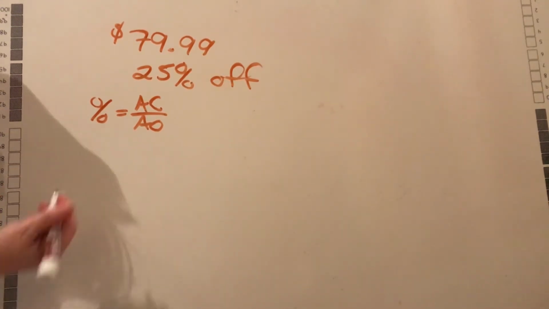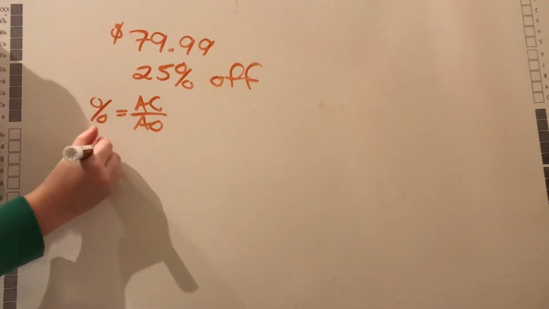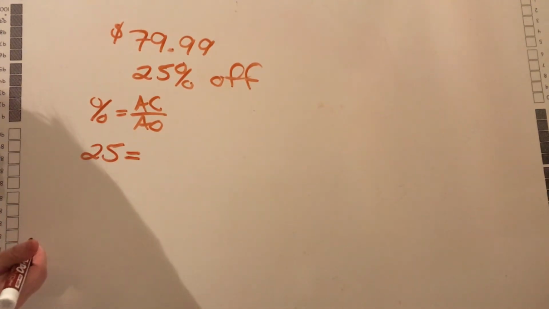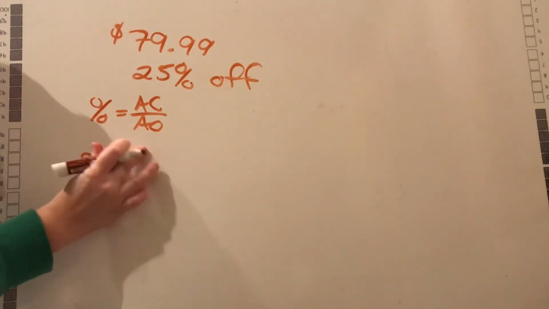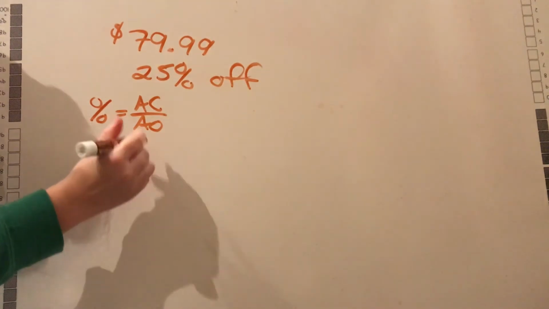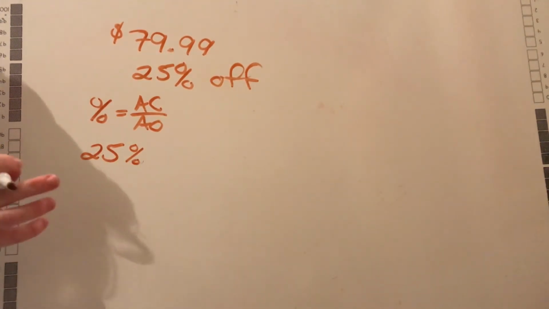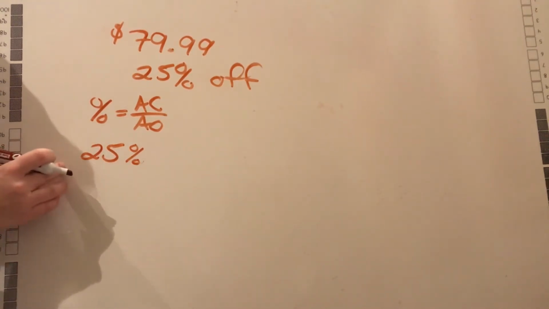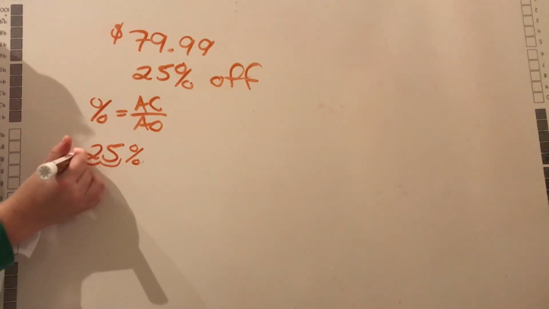So we set up our problem like this. So we have 25 percent, which we are going to translate back into a decimal. So how do we change a percent into a decimal? We divide it by 100. So you would move that decimal out to here.